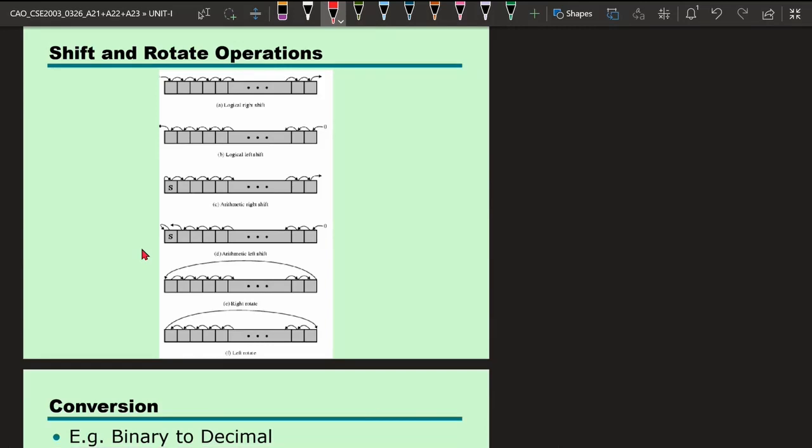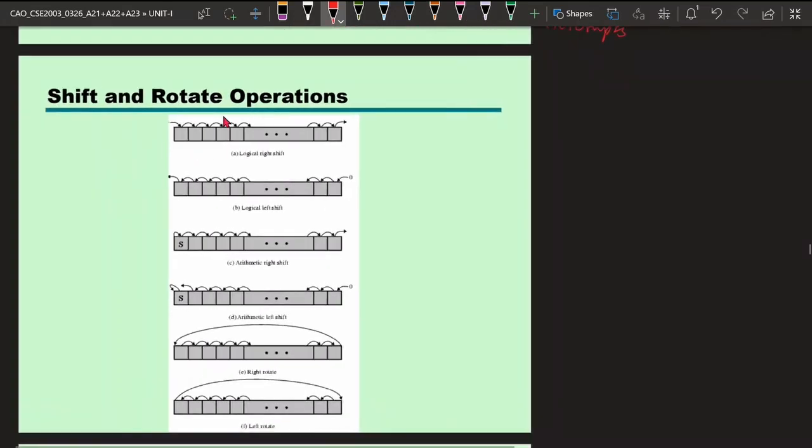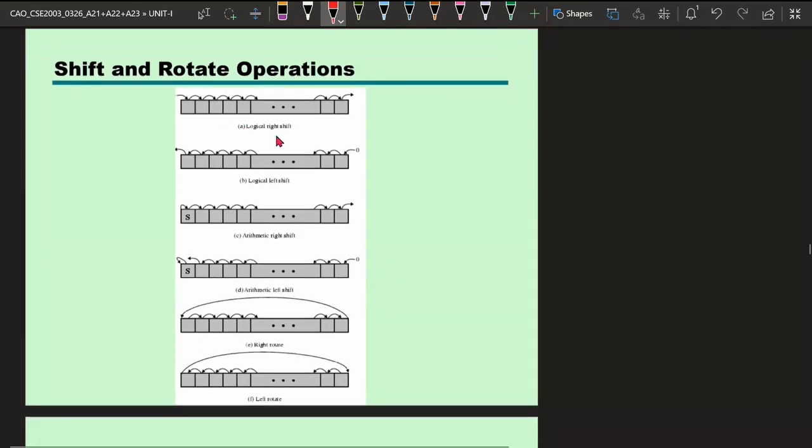In case of shift operations and rotate operations, there are different types of shift and rotate operations. So we will see these instructions one by one. I think the written contents are visible: logical right shift, logical left shift, arithmetic right shift, arithmetic left shift, right rotate, left rotate. We will see one by one what these are.